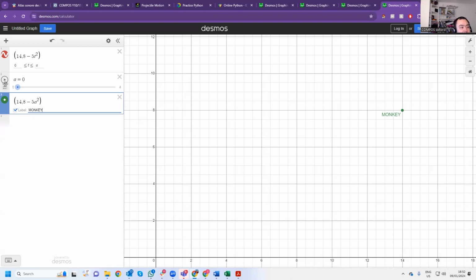Right, so let's see what happens with the monkey when I press play. The monkey falls down. Once again. So it takes about 1.5 seconds for the monkey to fall.